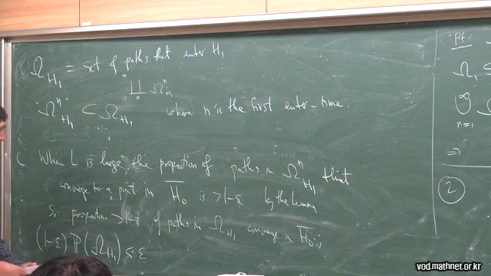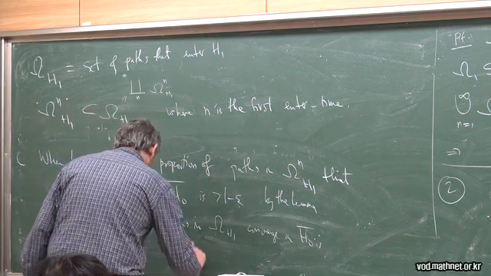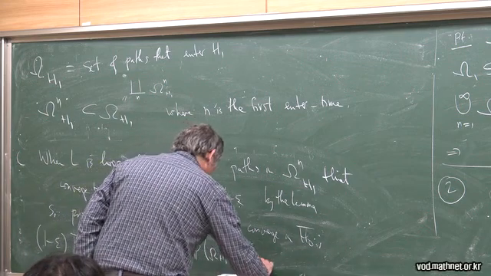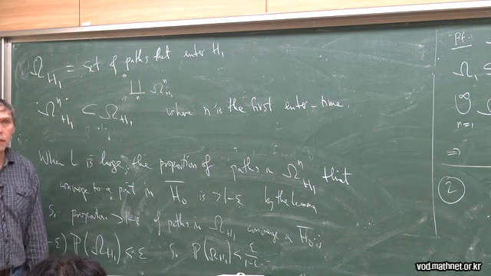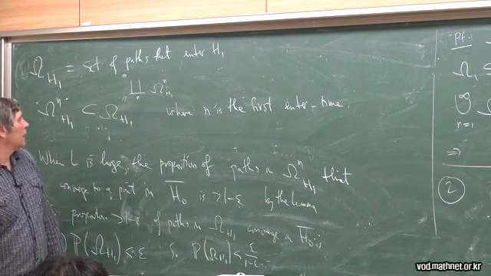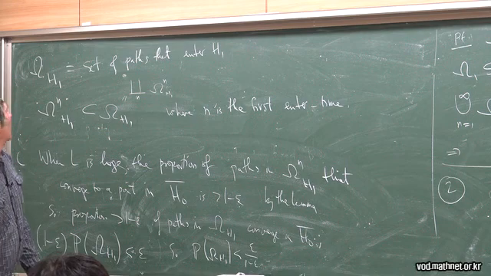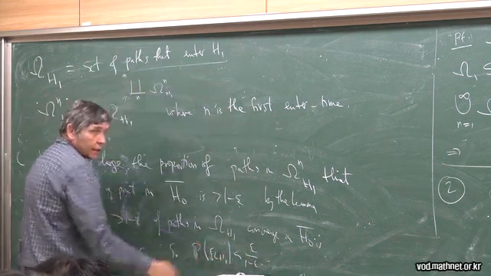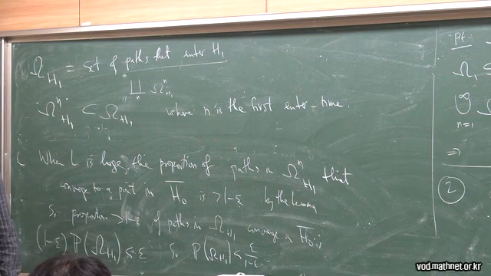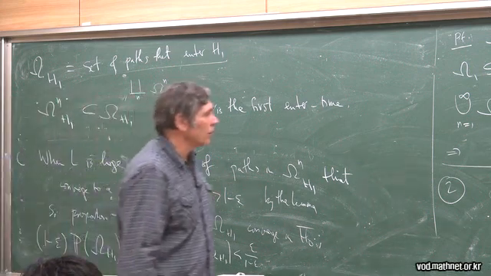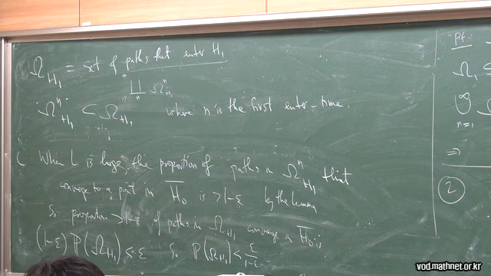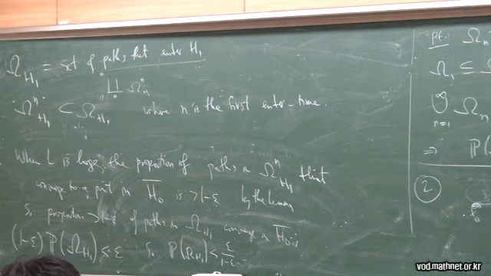And so P of omega h1 is less than epsilon over 1 minus epsilon, and that's small, close to 0. So the set of paths that enter h1 has small measure. Okay, so that's the trick of two half spaces. That's what you have to remember here.